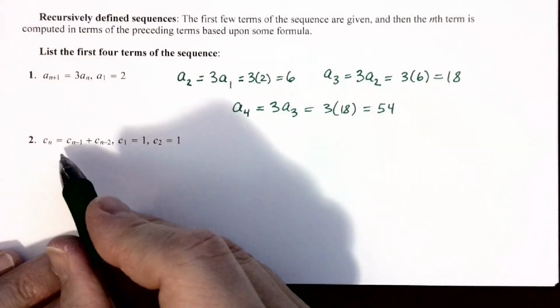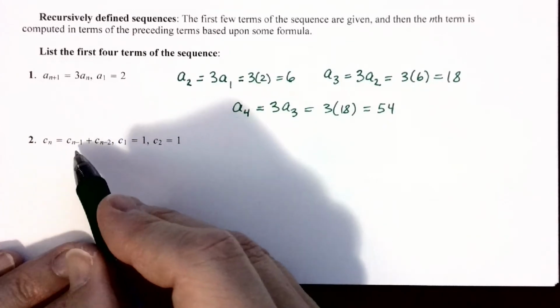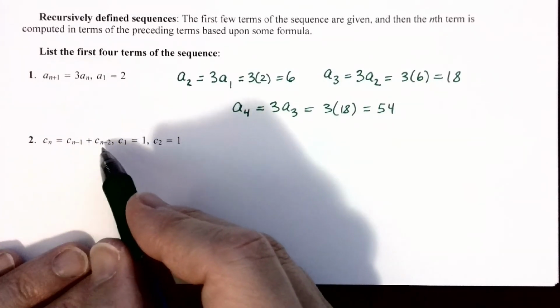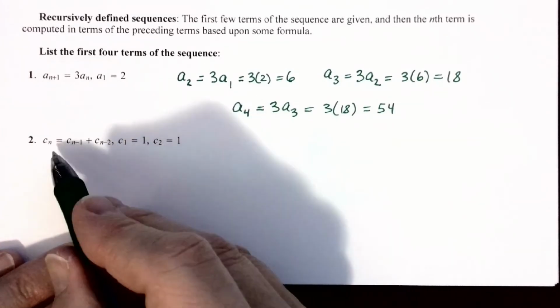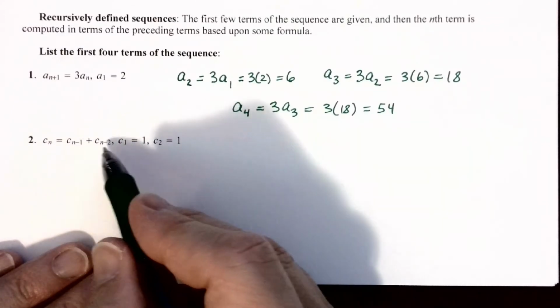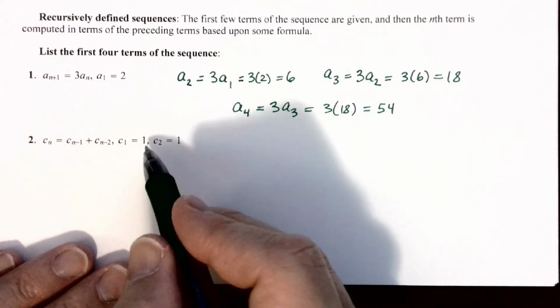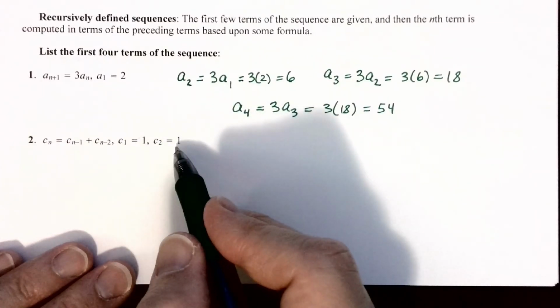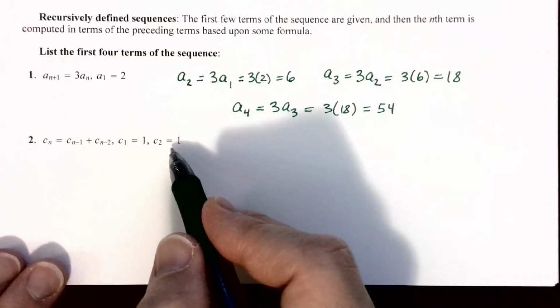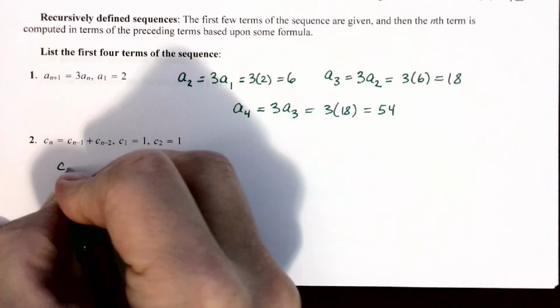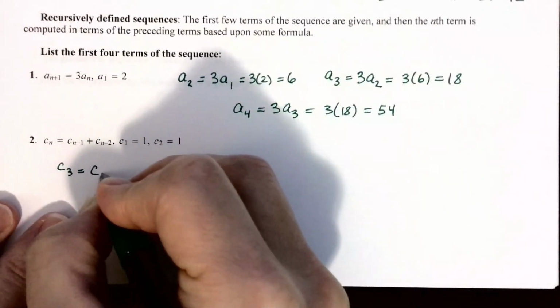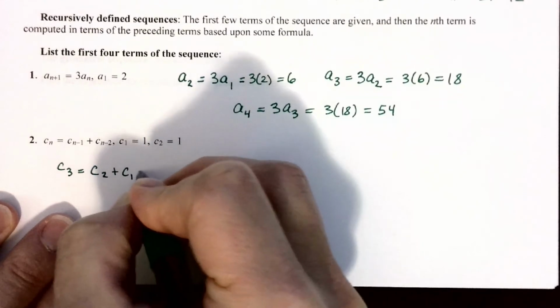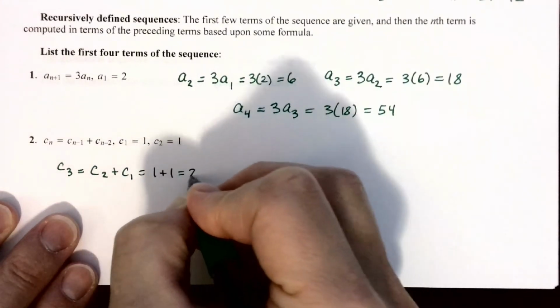Here's another one where the nth term is dependent upon the sum of the previous two. Do you see that? Here's n, n minus 1, n minus 2. And again, in order to get going, I need the first two terms of the sequence. So c sub 1 is 1, c sub 2 is 2. So c sub 3 is going to be c sub 2 plus c sub 1, which is 1 plus 1, which is 2.